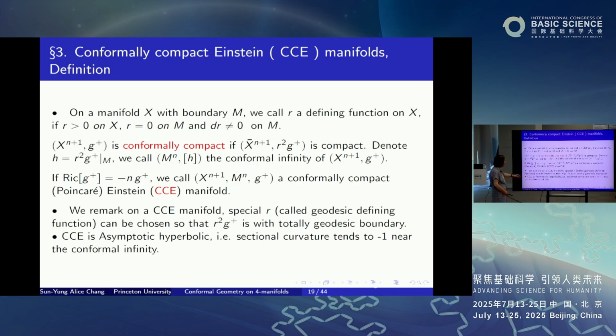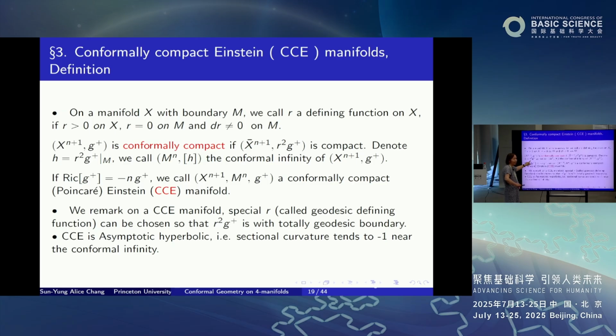We have a defining function r, such that dr is not equal to 0. And we want to find some r such that r squared g_+ restricted to the manifold is h. And this defining function is by no means unique.